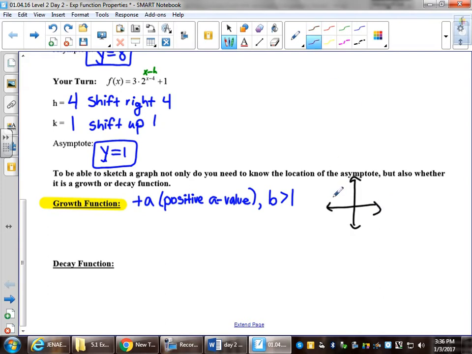From left to right, if it's growing, it's going up. And again, we still have that invisible asymptote. So let's sketch it in just so we don't forget it. So we see here, here's our asymptote. The graph is moving away from the asymptote.